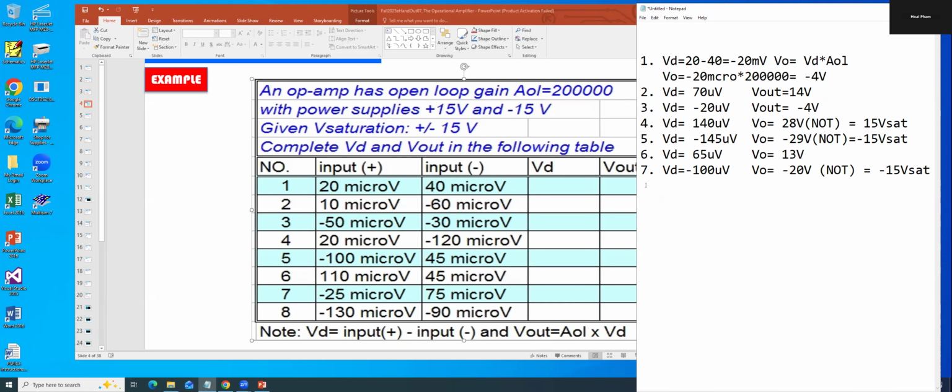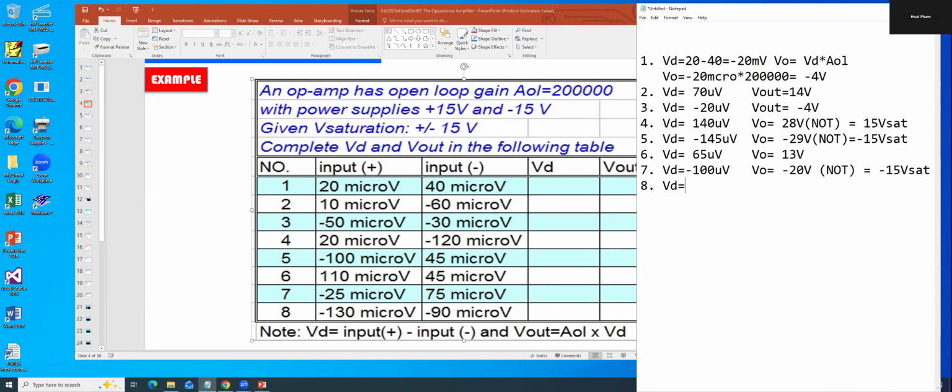Okay, last one. So minus the plus. So would that be minus 40?